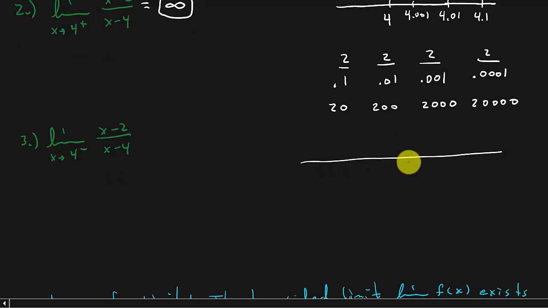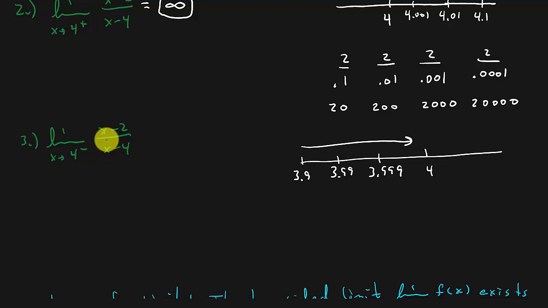Now, the same thing here. If I have a number line, I've got a 4 here, and I'm coming in from the left-hand side. So I'm plugging in numbers like 3.9, 3.99, 3.999. And hopefully you can see this is going to do pretty much the same thing. 3.9 minus 2 is 1.9. 3.99 minus 2 is 1.99.